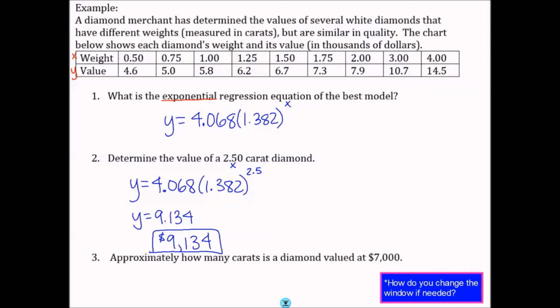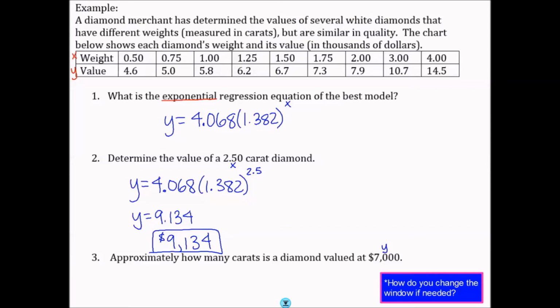Part 3 says approximately how many carats is a diamond that is valued at $7,000. So we can see from the chart that it's probably somewhere between 1.5 and 1.75 carats. 7,000 will be our y value. Now here's where we got to be careful. The value is measured in thousands of dollars.